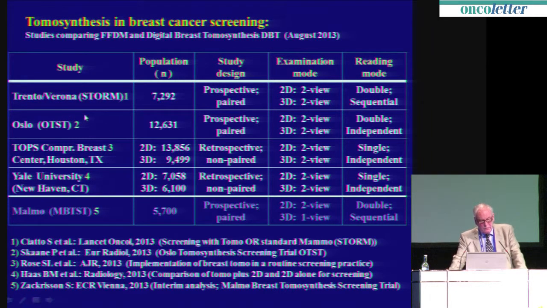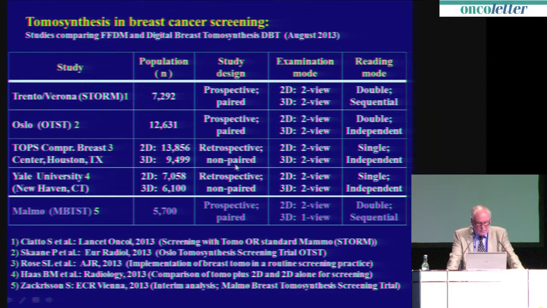The first publication was from Trento Verona, the Italian STORM trial. That was a prospective paired study using 2-view 2D and 2-view tomo, but they had double reading, and it was sequential reading. The Oslo trial also had 2-view 2D and 2-view 3D. It was also a prospective and paired study, and we had independent double reading in the Oslo study.